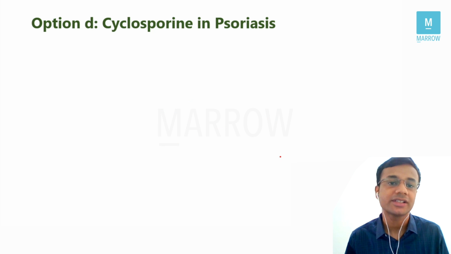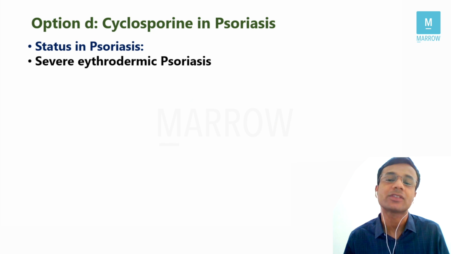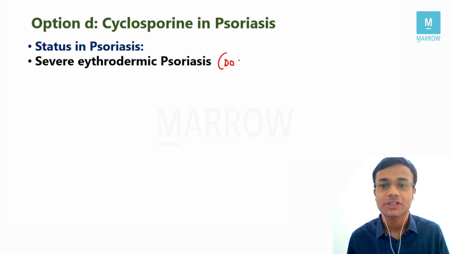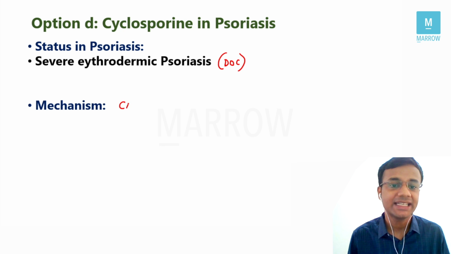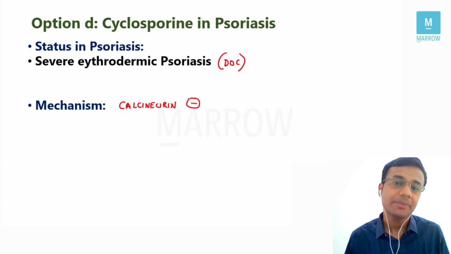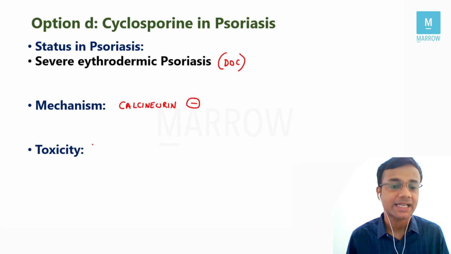Let's look at the other options here. Cyclosporine: its status in psoriasis is that it is the drug of choice for severe erythrodermic psoriasis, because it acts very rapidly and can bring down psoriasis very quickly. What is the mechanism of action? It is an inhibitor of calcineurin. When I start a patient on cyclosporine, at follow-up, number 1, I record his blood pressure because one of the most important side effects is hypertension.